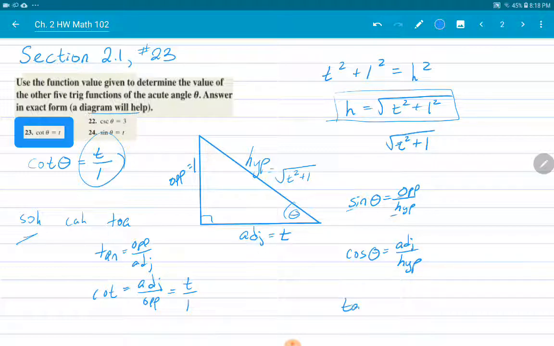And the tangent of theta is opposite over adjacent, which is 1 over radical t squared plus 1 for sine. Cosine is t over radical t squared plus 1. And tangent is 1 over t.